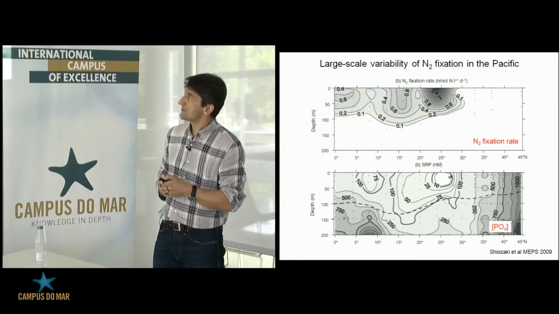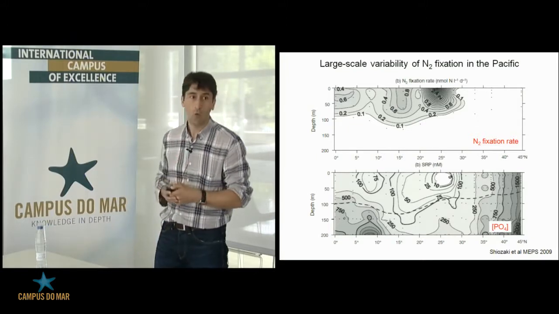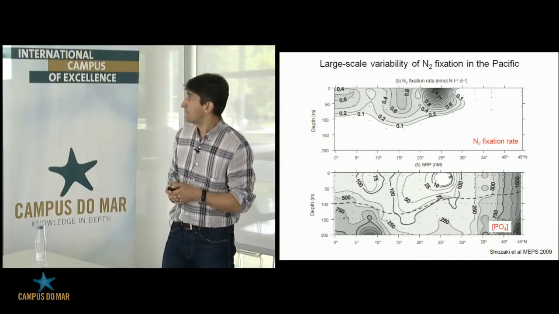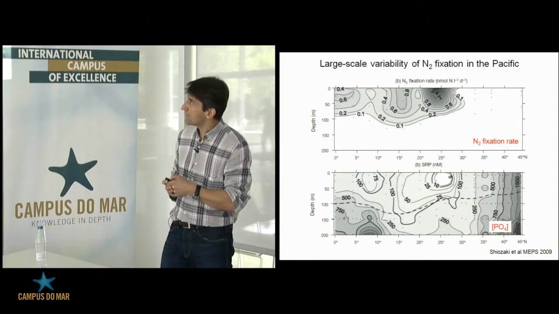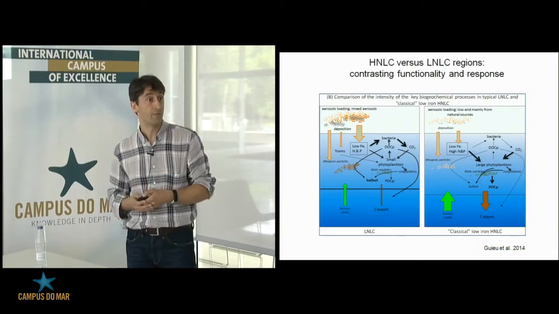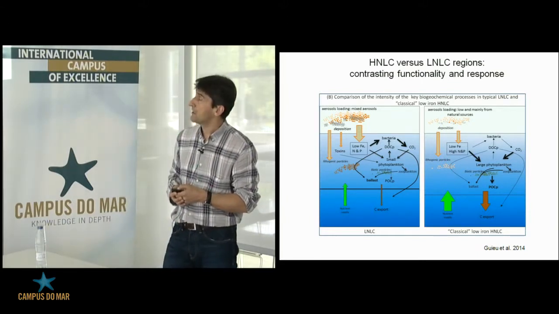The largest nitrogen fixation they measured coincides with subtropical latitudes where more iron is coming from the Gobi Desert, probably. And again, this leads to a depletion of phosphate. So we can probably have the same mechanism operating in both basins, both in the Atlantic and in the Pacific.